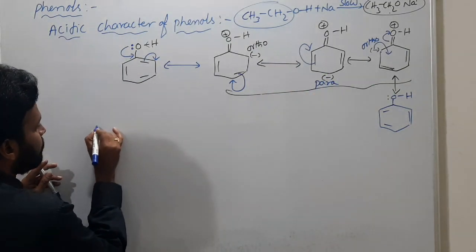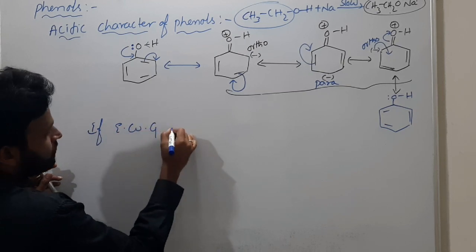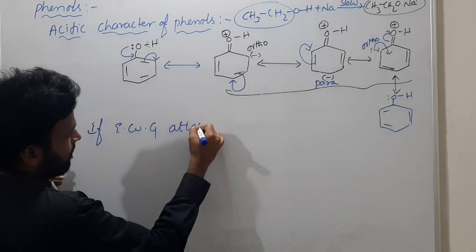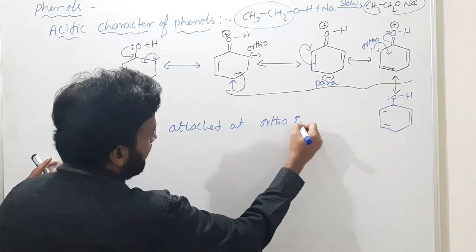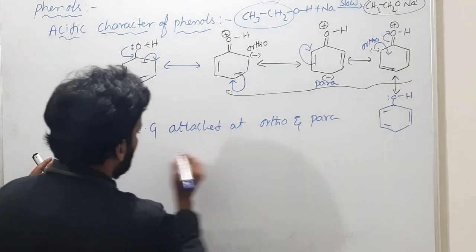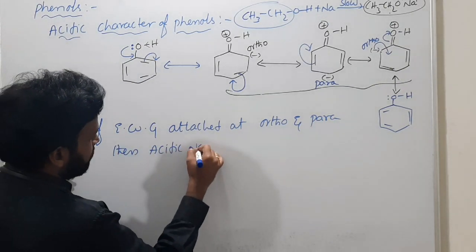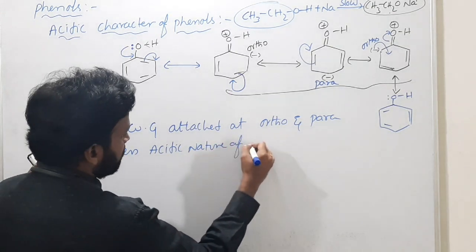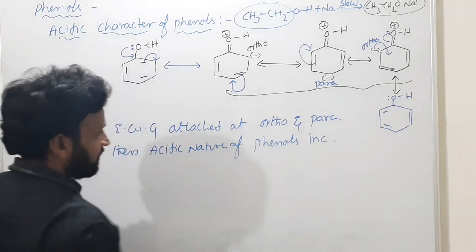So what I am trying to tell you here is, if electron withdrawing groups are attached at ortho and para, then the acidic nature of phenols, what happens?